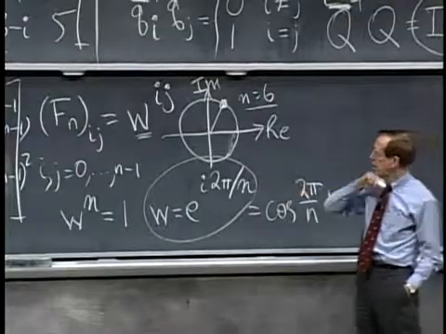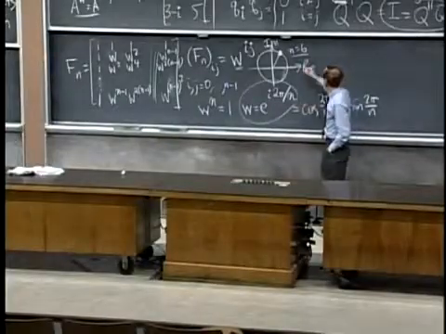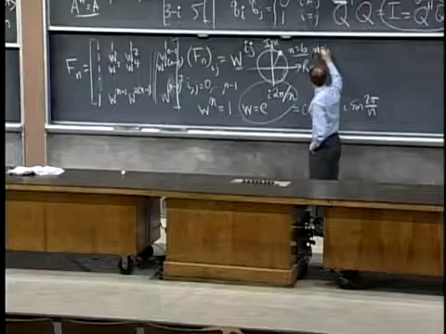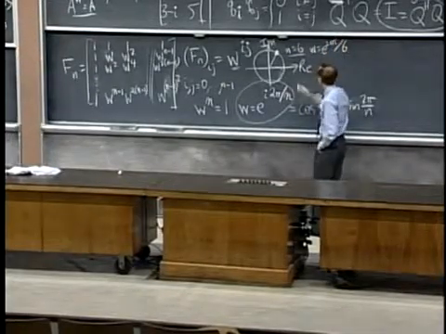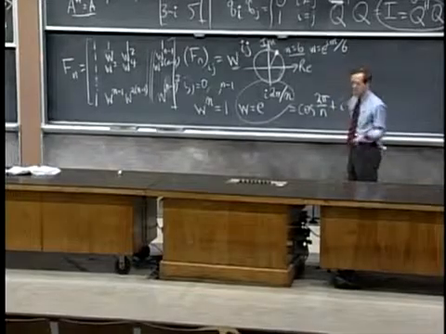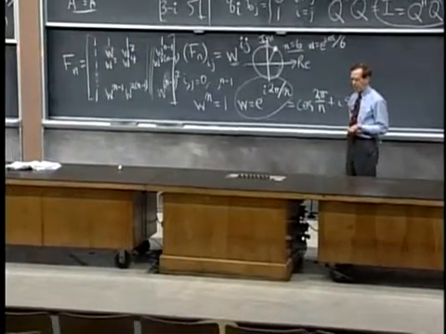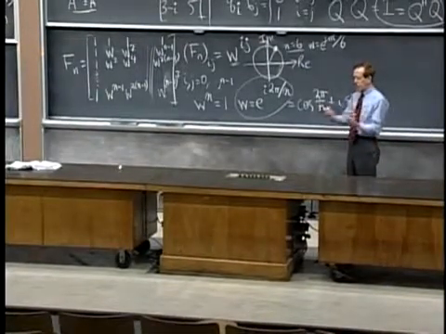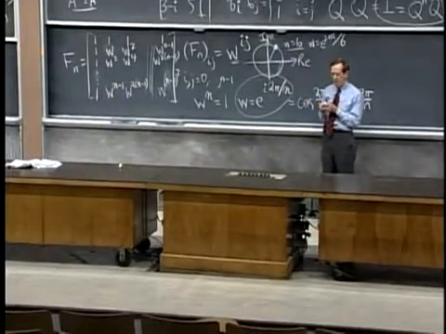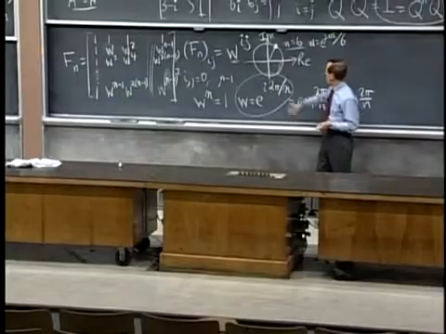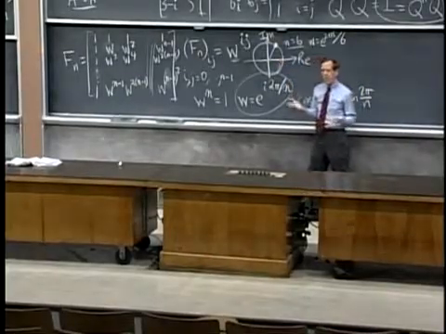And where is w squared? So my w is e to the 2 pi i over 6 in this case, for the 6 by 6 Fourier transform. It's totally constructed out of this number and its powers. So what are its powers? Well, its powers are on the unit circle, right?